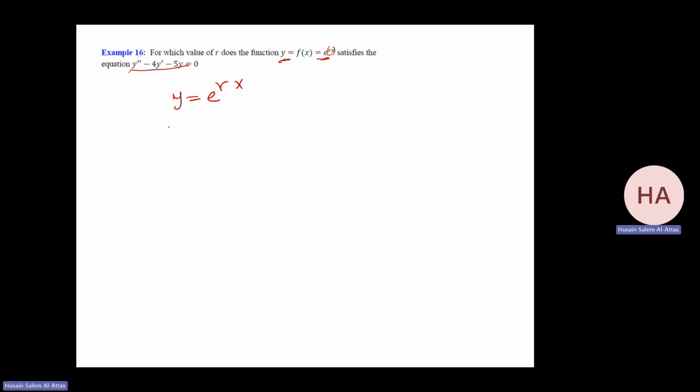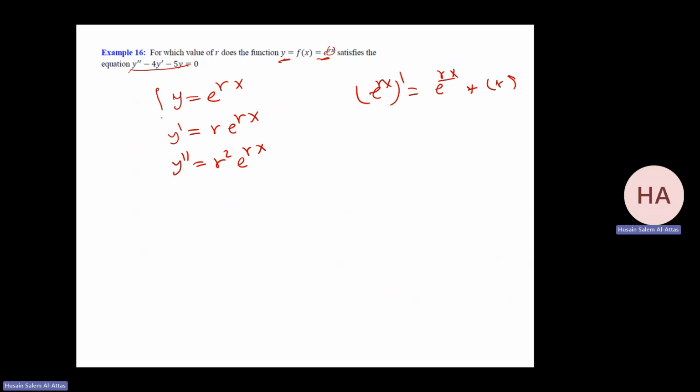There is, I think, one question in the book. y prime will be r e to the rx. y double prime will be r squared e to the rx. I need the chain rule: e to the power u, which is e to the rx, times the derivative of this, which is r, since r is just a number.